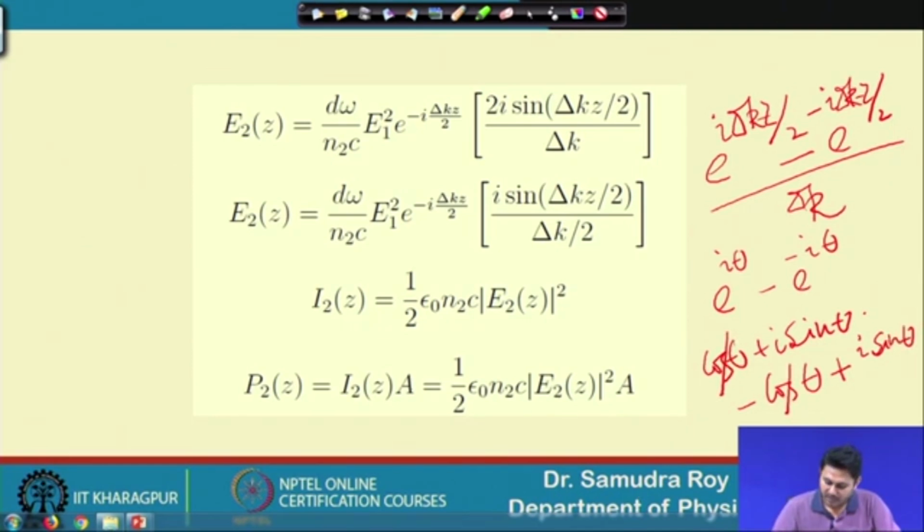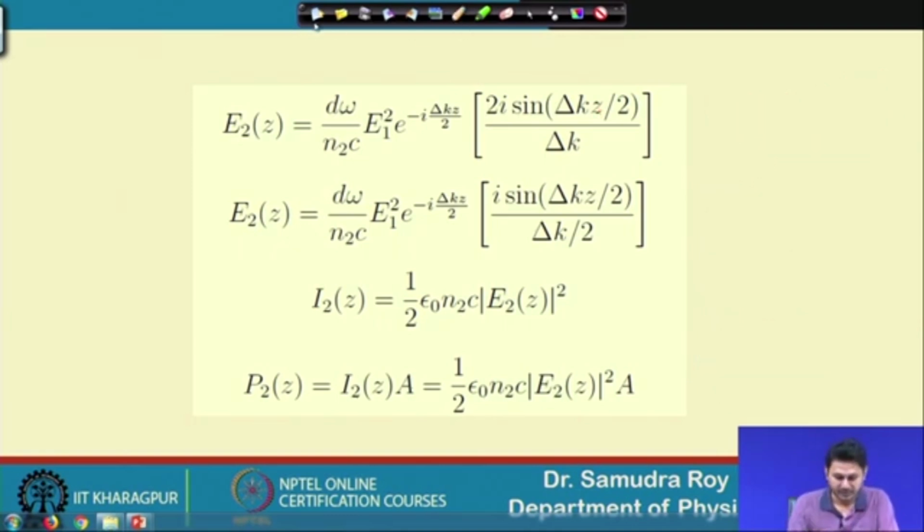We will eventually have 2i sin theta term. Here theta in this notation is delta k z by 2, so we will have 2i sin of delta k z divided by 2, divided by delta k. That is the term that we have when we derive these things.